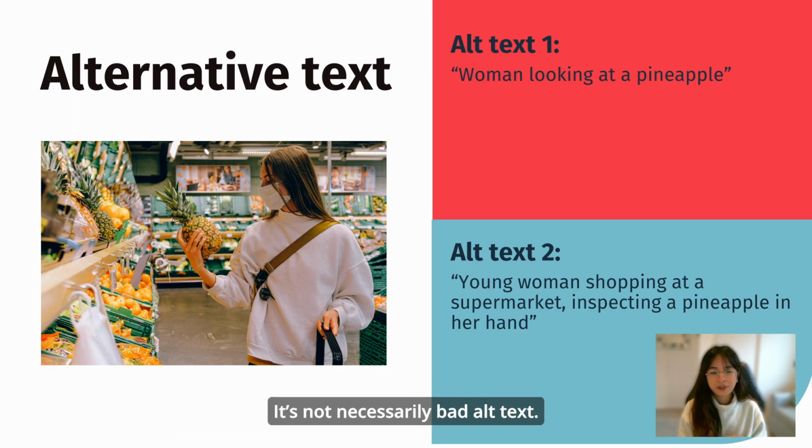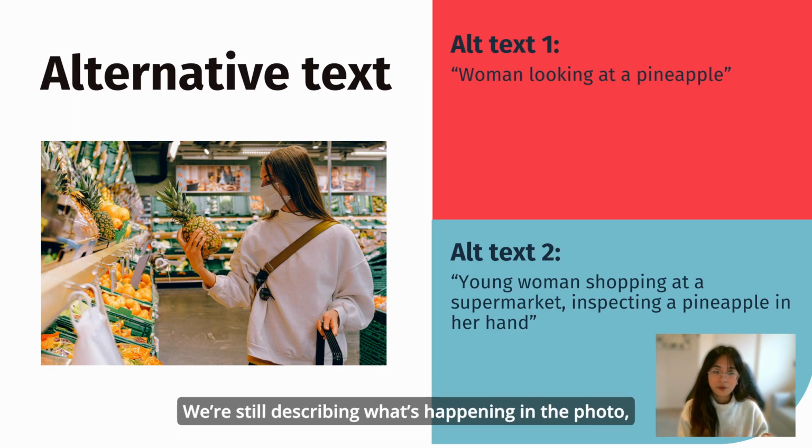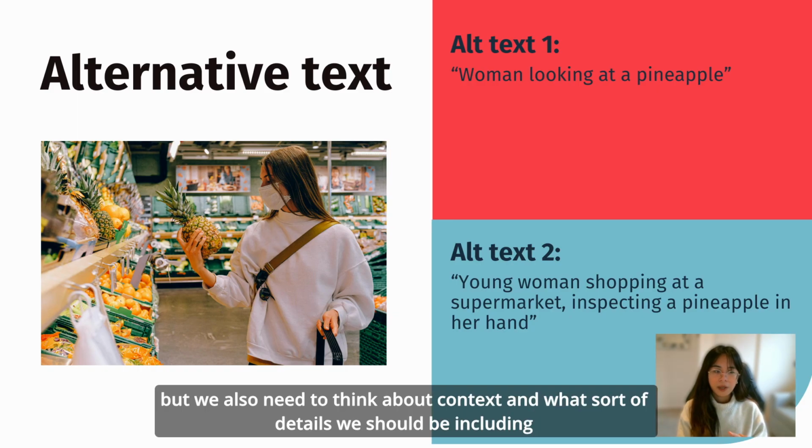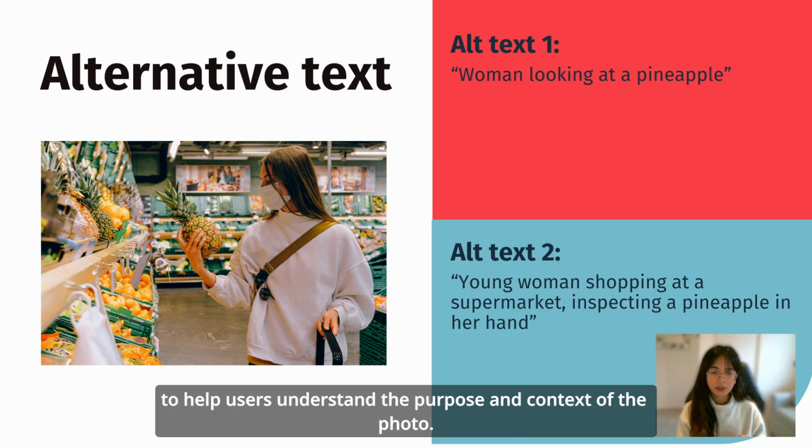It's not necessarily bad alt text. We're still describing what's happening in the photo, but we also need to think about context and what sort of details we should be including to help users understand the purpose and context of the photo.